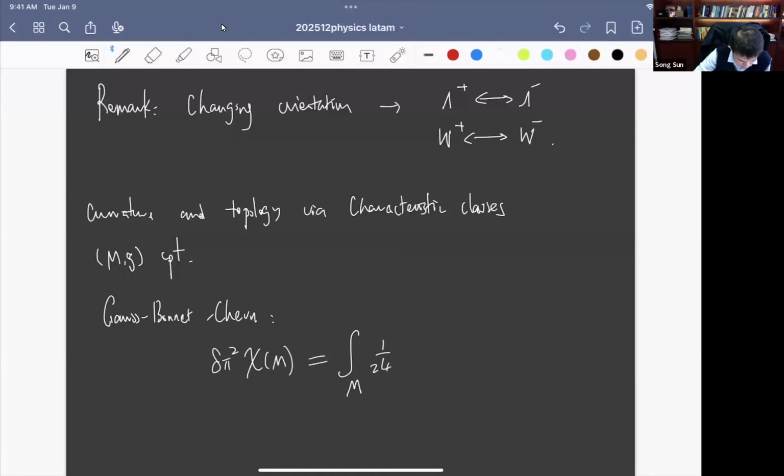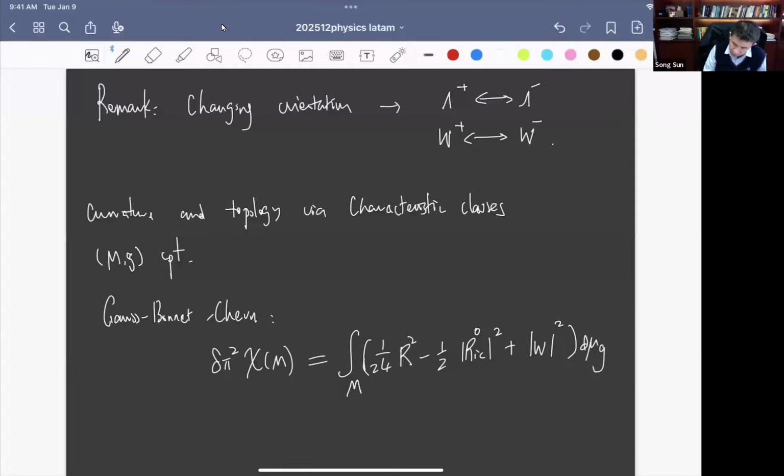This does not use the self-dual, anti-self-dual decomposition, but just the decomposition of the curvature and the Pfaffian. You can write the Pfaffian in terms of this d mu g.